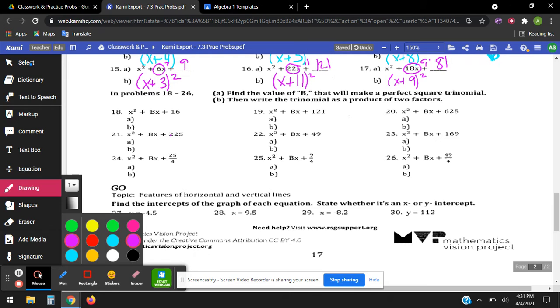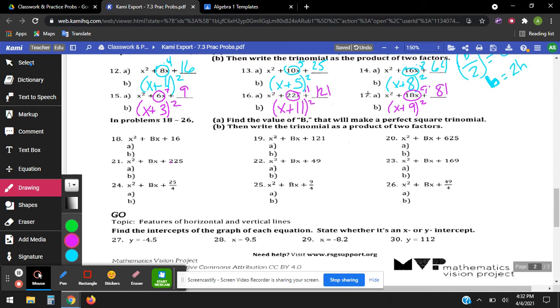All right, so now this time they're going to give us C, and we need to find B. So we need to undo what we just had on there, and then make our product of two factors.